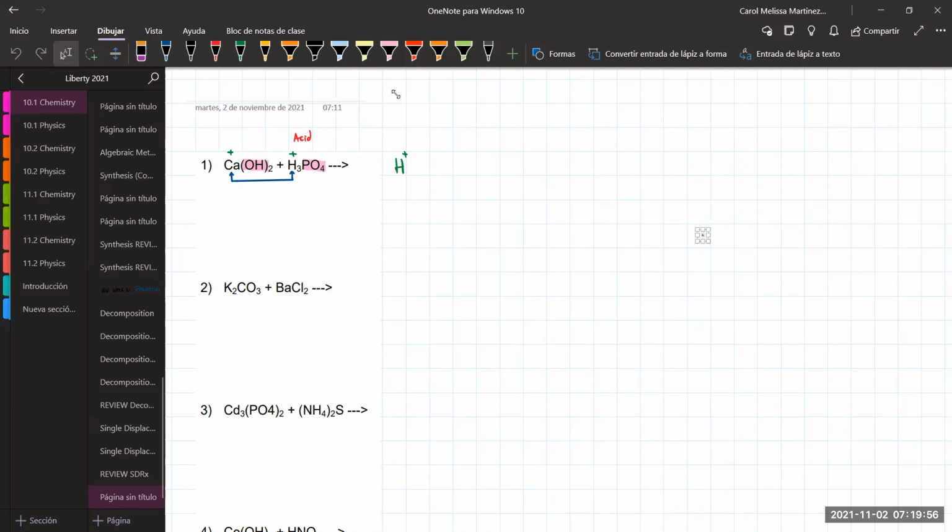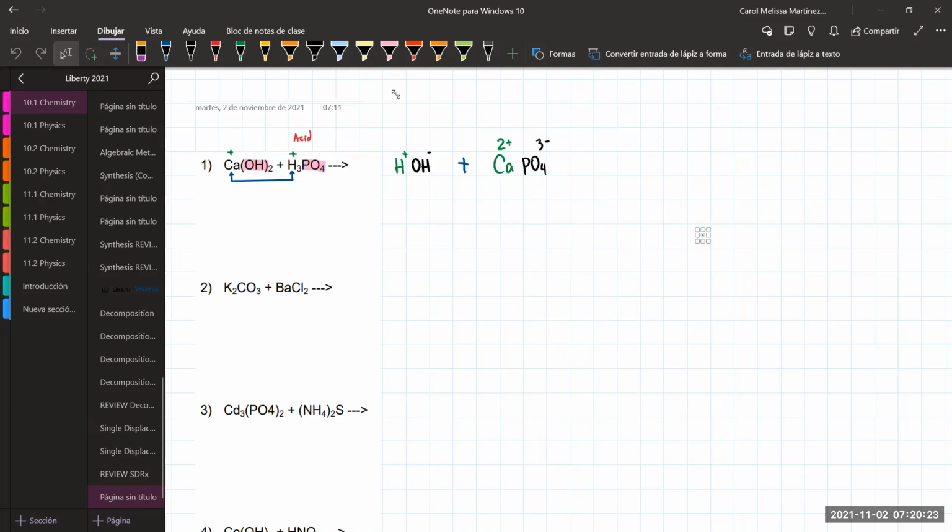This anion is OH minus, okay? And the other one is going to be calcium instead of hydrogen, so it's going to be calcium, the cation calcium with a charge of 2 plus, and the ion phosphate, that is PO4, and the charge is 3 minus.